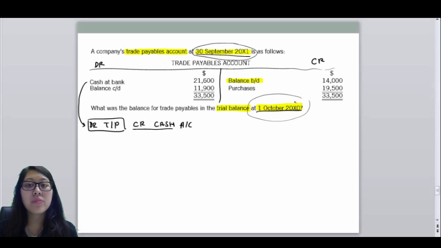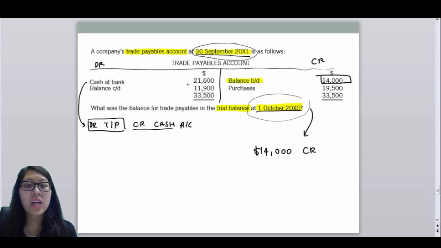So that means it's the beginning of the year, right? If they're asking for the beginning of the year, the answer should be 14,000, because that is the figure of trade payables at the opening. If they had asked for 30 September 2001, we would have given the 11,900 figure.